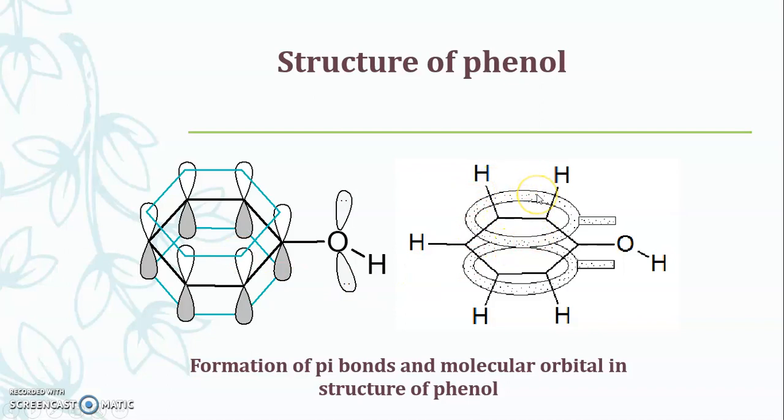This diagram shows how the pi molecular orbital is formed in the structure of the phenol, because due to the sidewise overlapping of the p orbitals, pi bonds form over the plane of the sigma bonds, due to which a continuous circular ring is formed over the benzene ring. This is known as the pi molecular orbital.